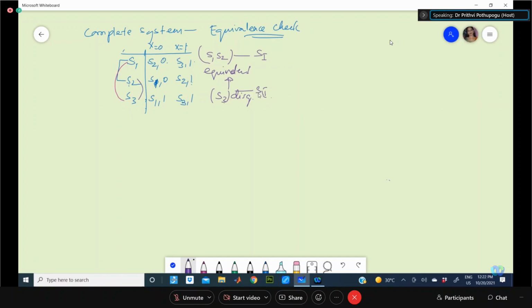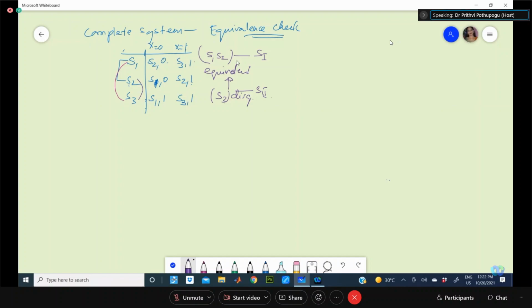That means if there is a bigger, complex system where you have plenty of states available, by the equivalence check we can combine them together to form equivalent groups. Those equivalent groups can be made into one system where the system response is similar.